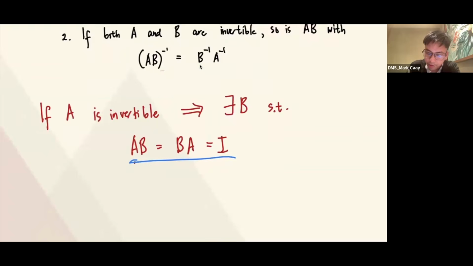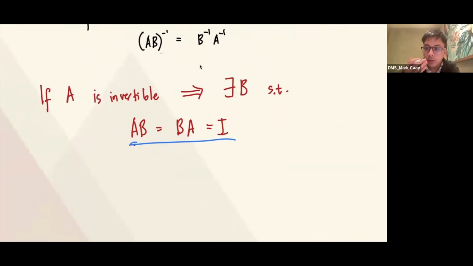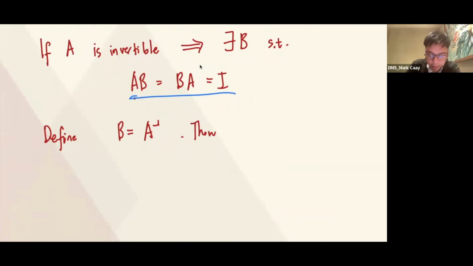Again, because this satisfies to having a product of I, I'm gonna define my B equals A inverse. Then, A inverse I have this as I, and I have A inverse equals I.